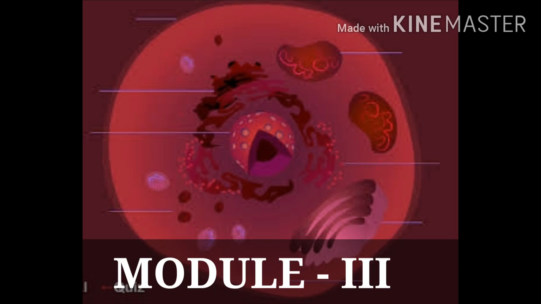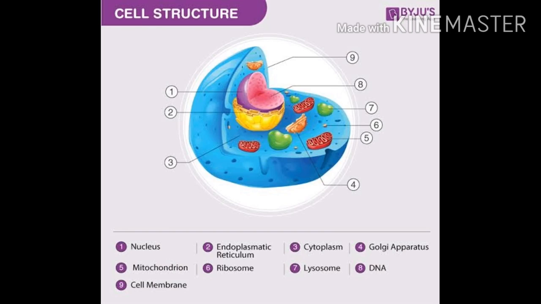Now we are moving towards the most important part of this chapter, that is about the structure or the organelles of cell. Although various organisms have various shapes and sizes of cells, still for all the individual cells their parts almost remain the same.